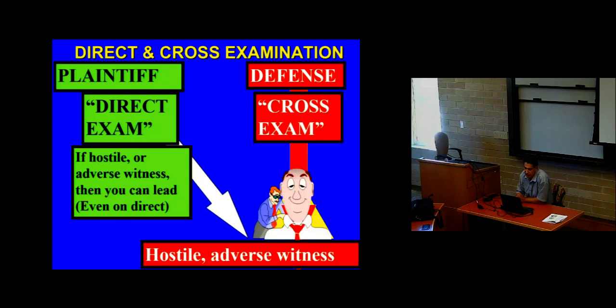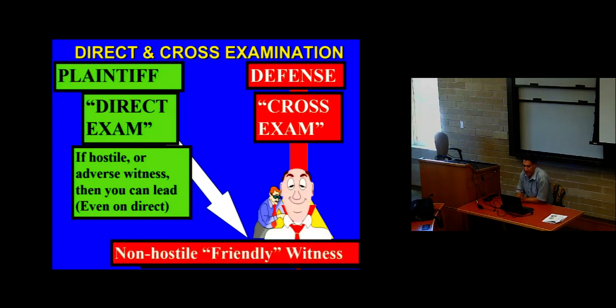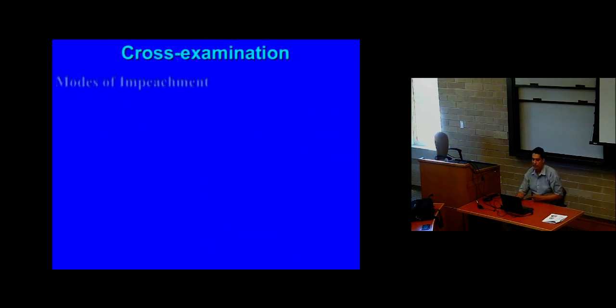Now the defense, since it's of a non-hostile friendly witness from their point of view, they would say, all right, we have to ask them open-ended who, what, when, where, why, and how questions, because even though it's a cross-exam, it's of a non-hostile friendly witness.